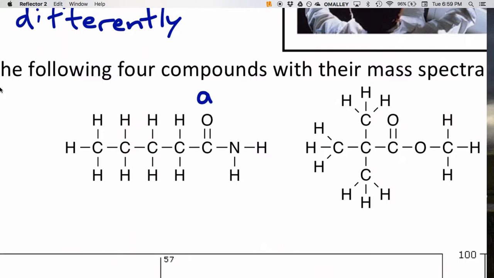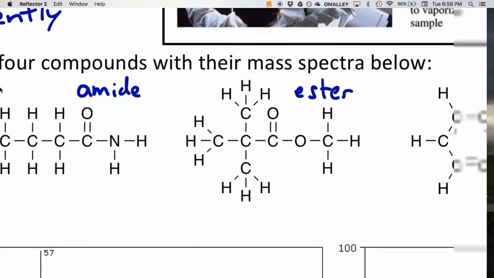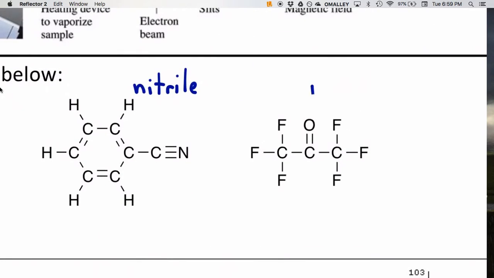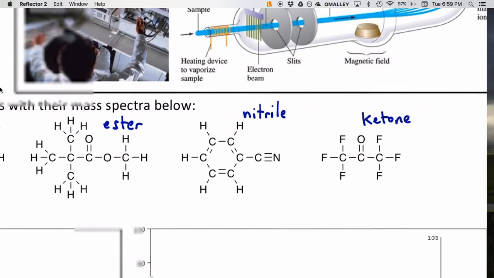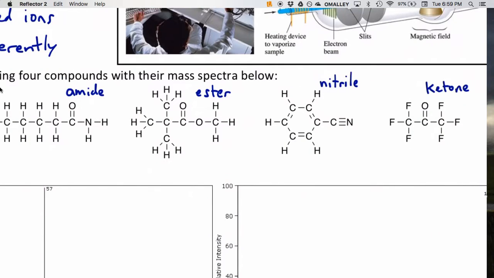The first one is an example of what's called an amide, followed by the next one, an example of an ester. This is called a nitrile. And then on the end here we have a ketone. You don't need to know those functional groups yet, but you might recognize 1 or 2 of those words from your sophomore chemistry class when you learned about organic chemistry, and we're going to do a little bit more of that later in the year.